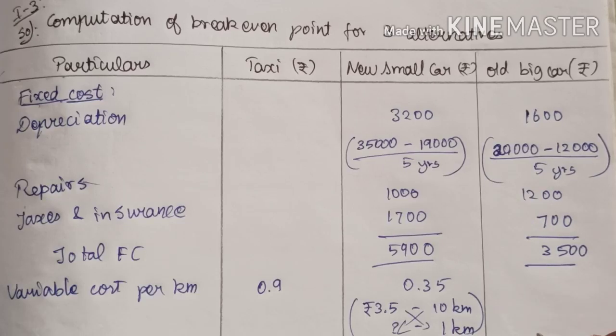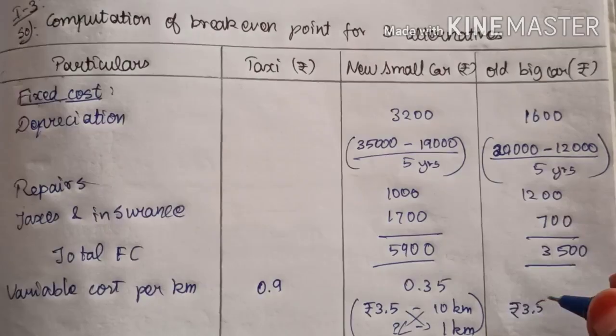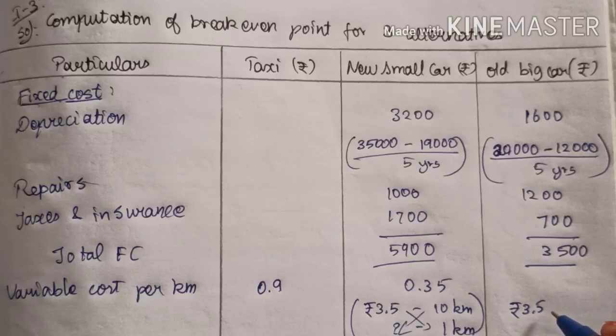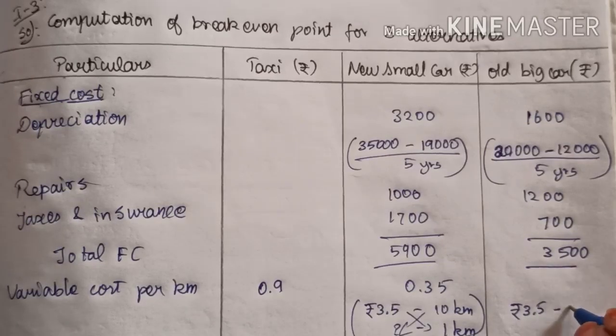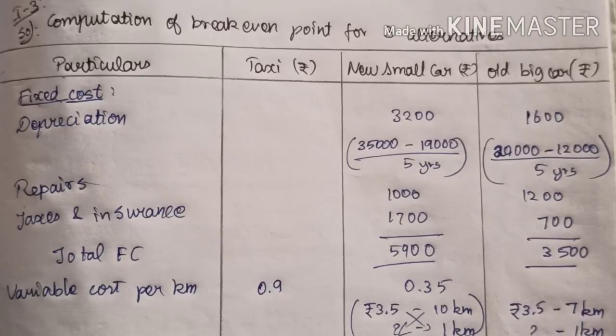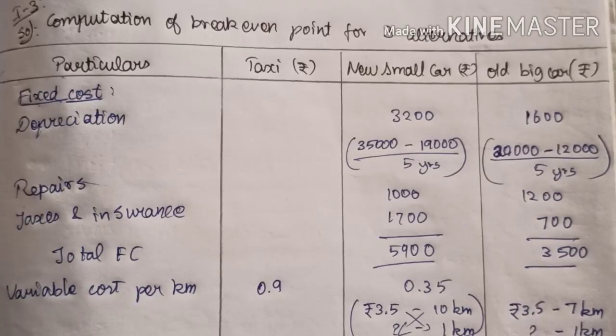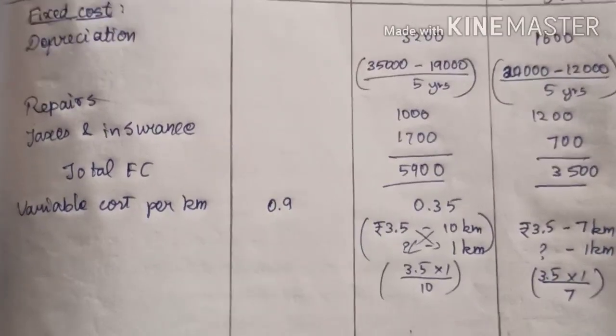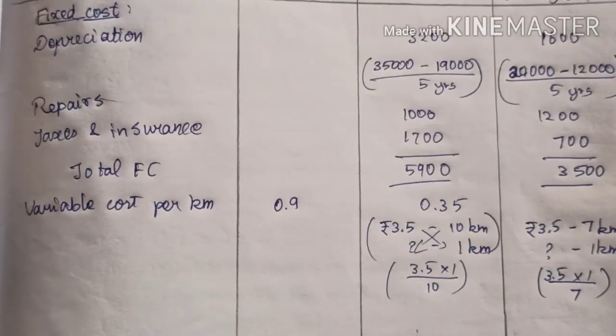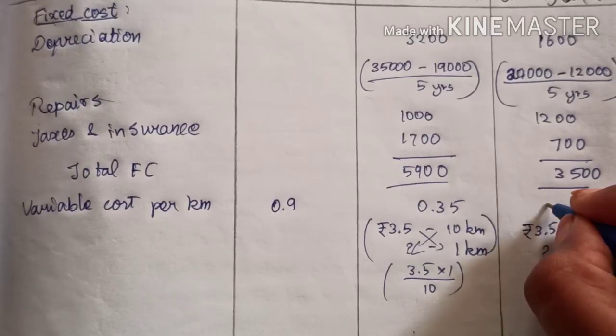And then here it is rupees 3.5 per liter of petrol, and it is for 7 kilometers. What will be the price for 1 kilometer? Same calculation, that is 3.5 into 1 divided by 7. You will get 0.5.